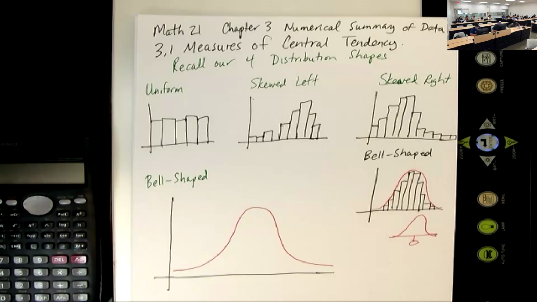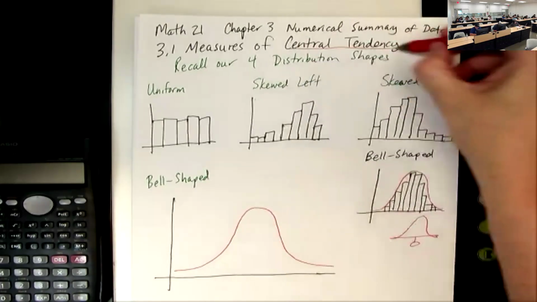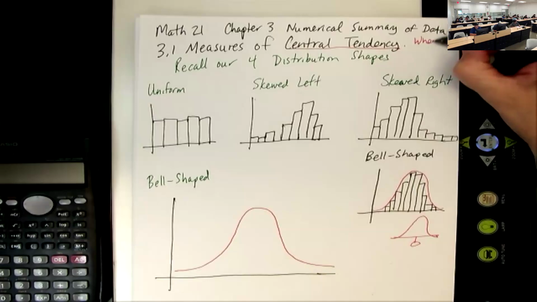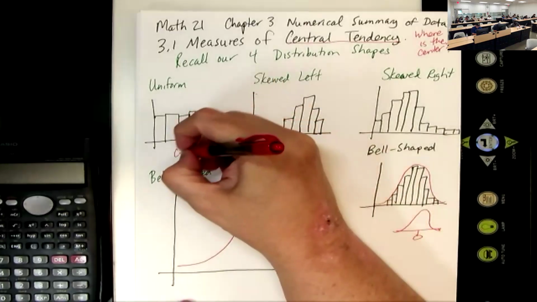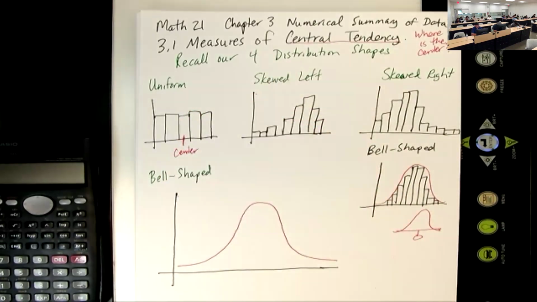So this is on central tendency. Where is the center? Do we go for the pictorial center, like just do the middle of the graph? On the uniform, I would say the center is right there, and I can get away with that.